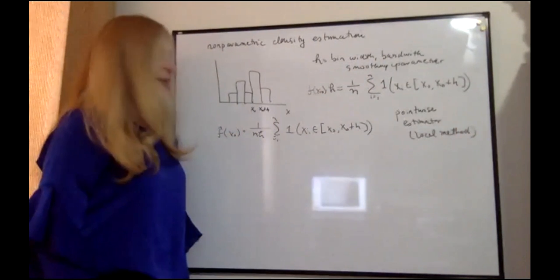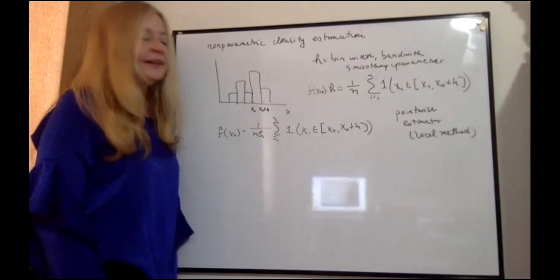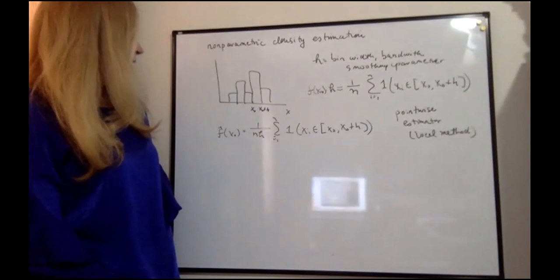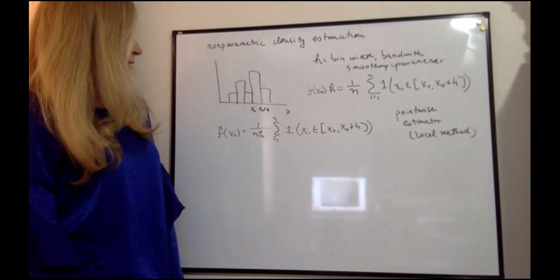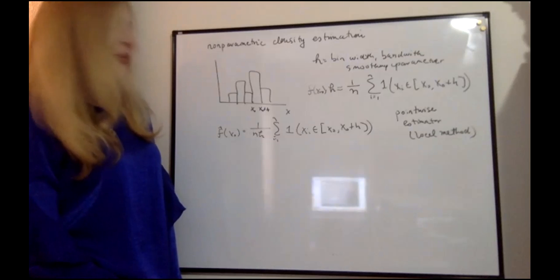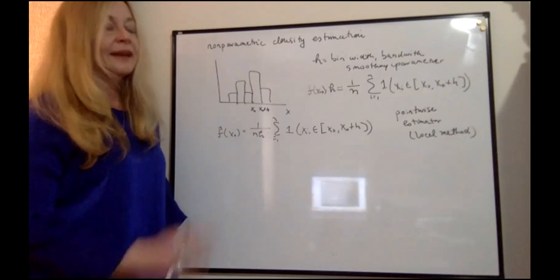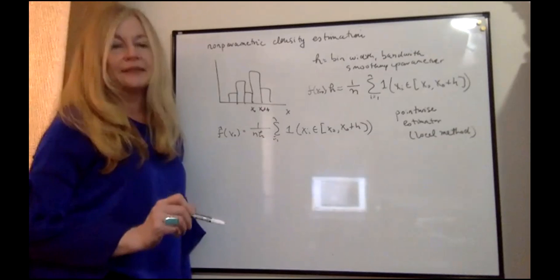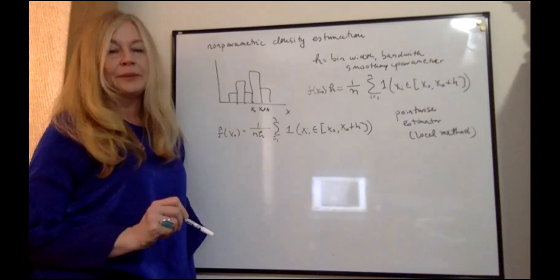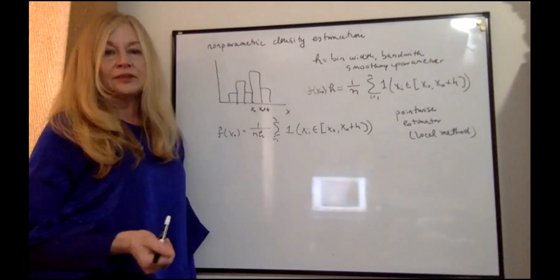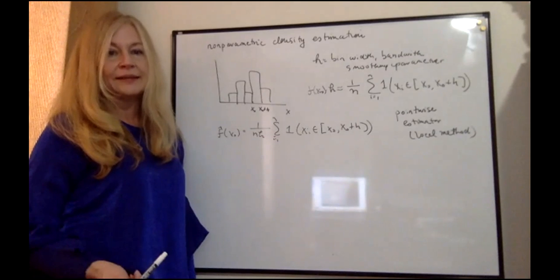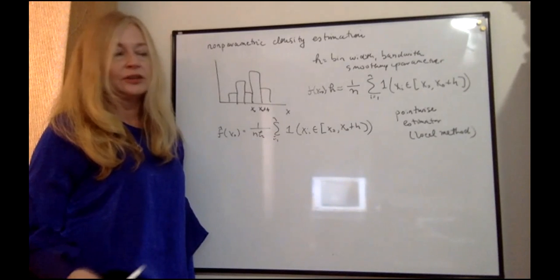But consistency is already a lot, just showing consistency. We're going to show that it's unbiased asymptotically. It's actually a biased estimator in finite sample, but we'll derive conditions under which the bias shrinks to 0 as n gets large.